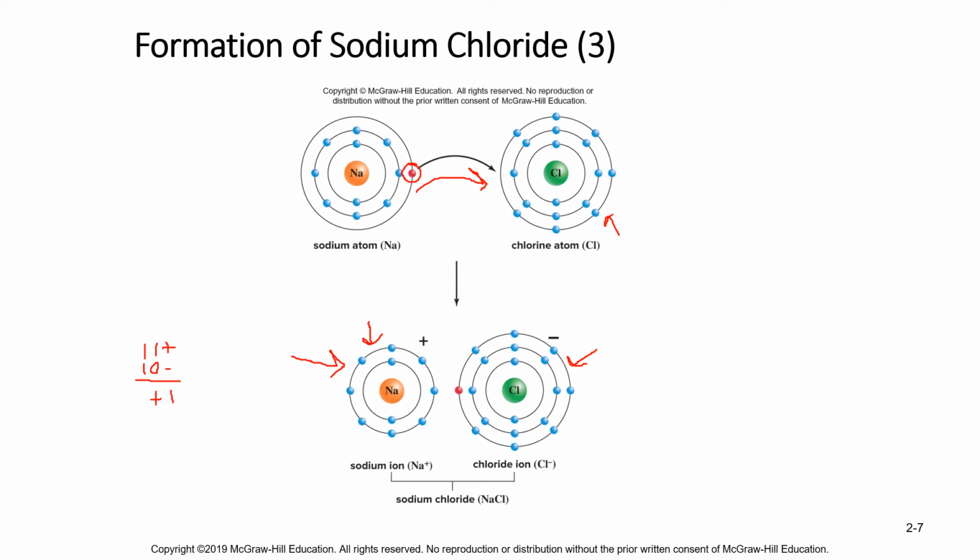Chlorine, on the other hand, has an extra electron, but it still has, let me count, 17 protons, 17 positive charges, but now it has 18 electrons, 18 negative charges. So if you add those up, you have a -1 charge. So we typically don't write the 1, we'll just have a plus sign for +1 and a minus sign for -1.